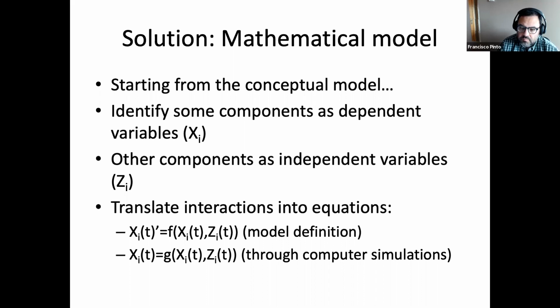So actually what we can predict is the behavior of those dependent variables. But normally we have to include also some independent variables, that is variables whose behavior is not going to be predicted by the model, but their value is important to define the behavior of the dependent variables.